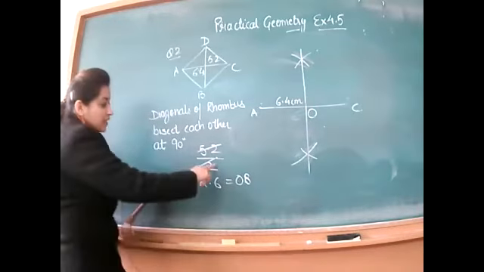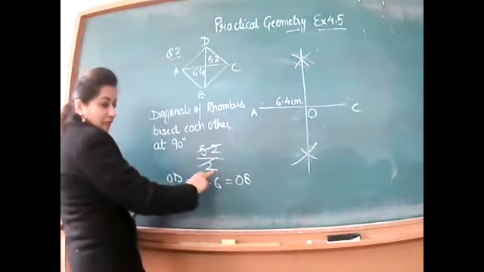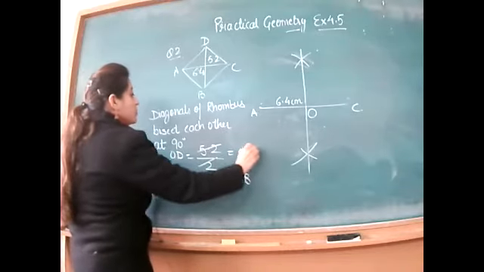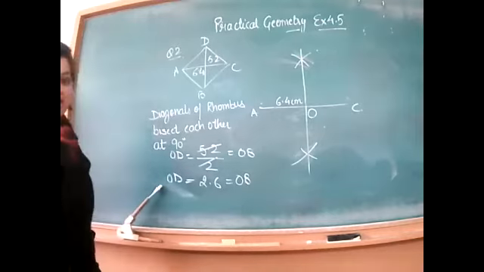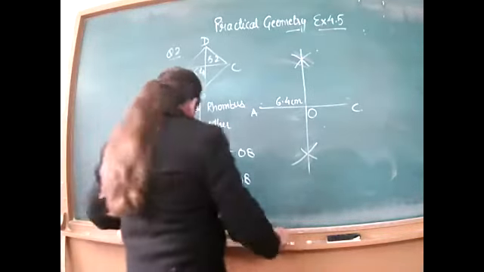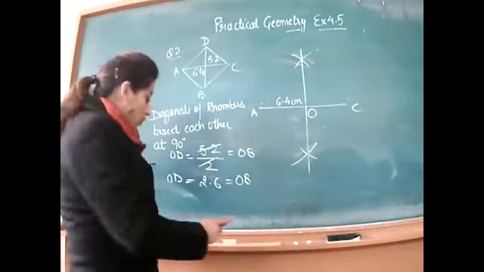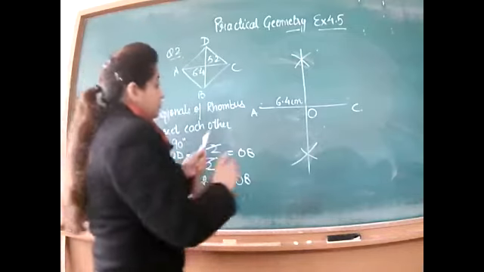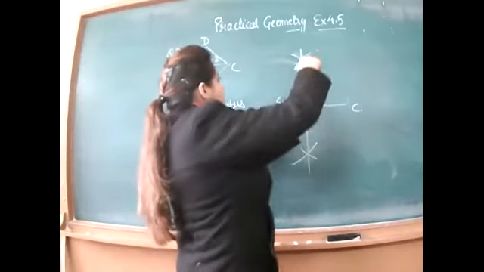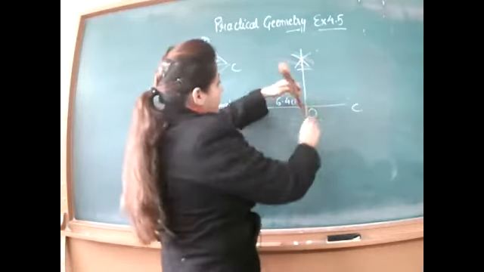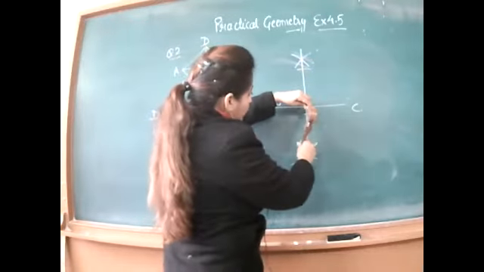What did you have here? BD was given. If you halve BD, what will you get? OD and OB, because both are the same, because they bisect each other. So you will get 2.6. So you will open the compass to 2.6. You will put the arc from this point like this. From this point again in the downward direction.